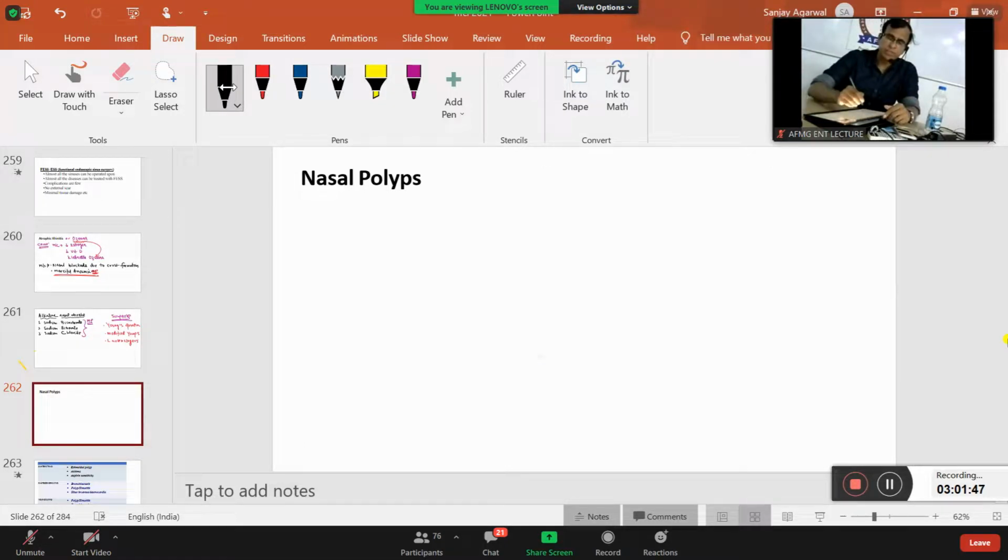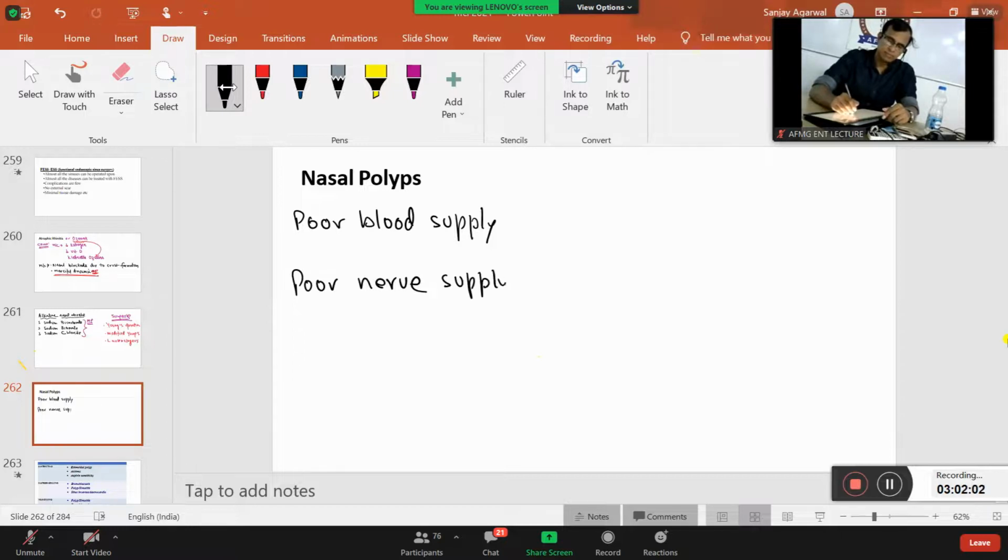Now the main property of nasal polyps is that they have poor blood supply and poor nerve supply. Because of poor blood supply, what should be the color of a nasal polyp?